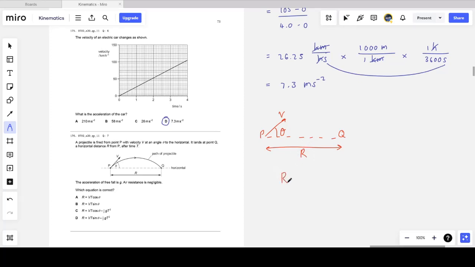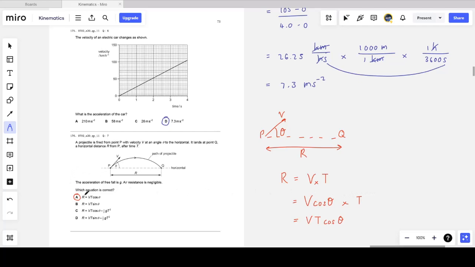So the distance is the constant velocity in the x direction times the time, which they told us is t. We don't need to worry about what the vertical component is doing. And Vx, as we look at it, is V cosine theta. So that's V cosine theta multiplied by t, which is vt cosine theta, which corresponds to option A.